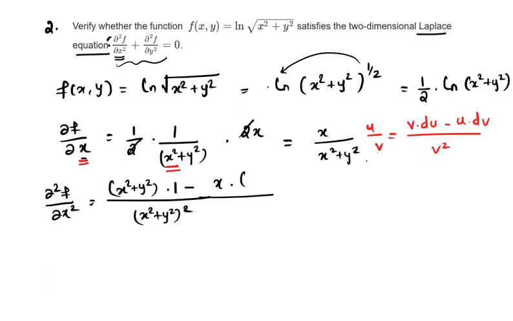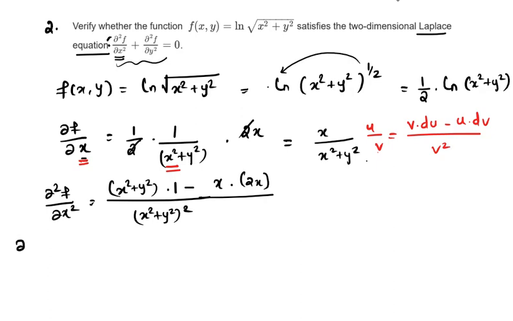So the denominator part, if we differentiate, the value will be 2x. Since we are differentiating with respect to x, we are dealing only with x, so it will be 2x only, right? We are not differentiating y squared. If you differentiate y squared, the value will be 0, right? Okay. Now let us keep this as it is.